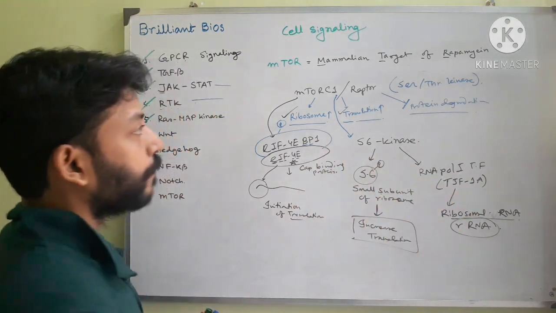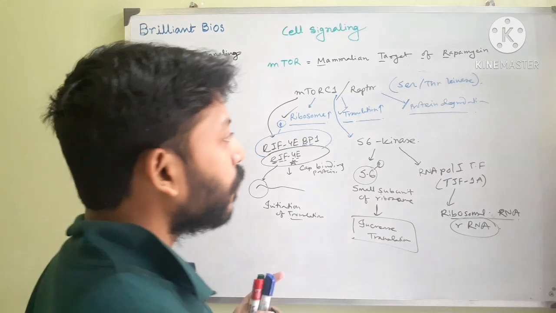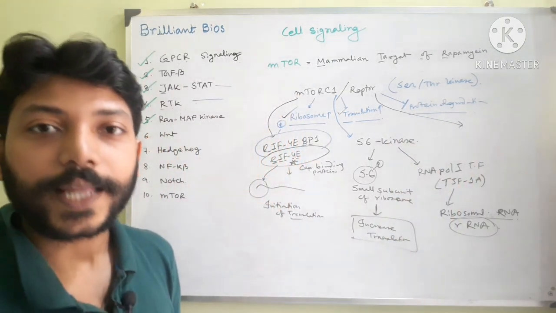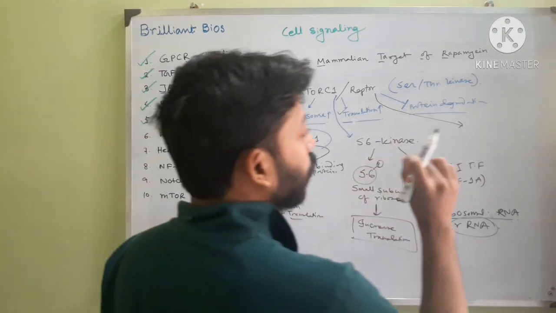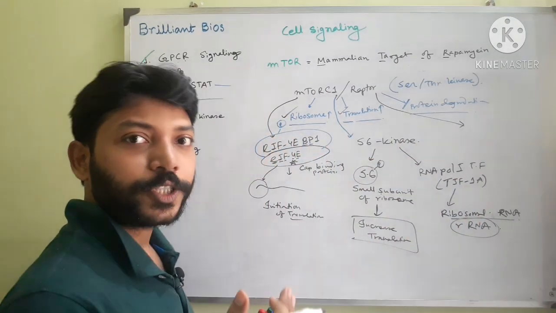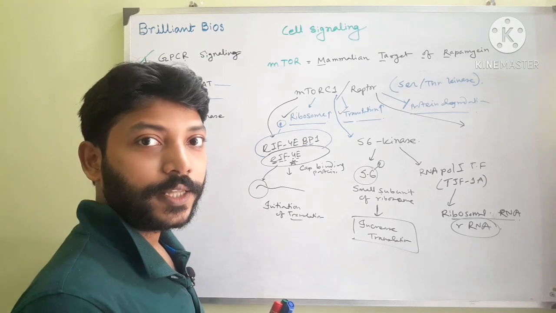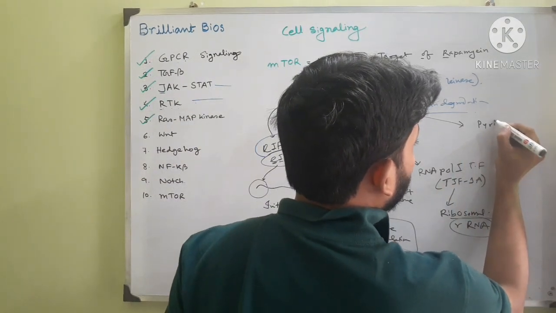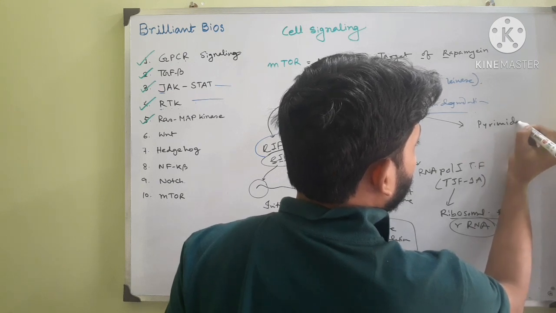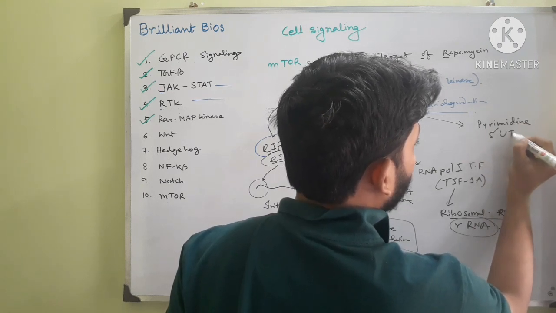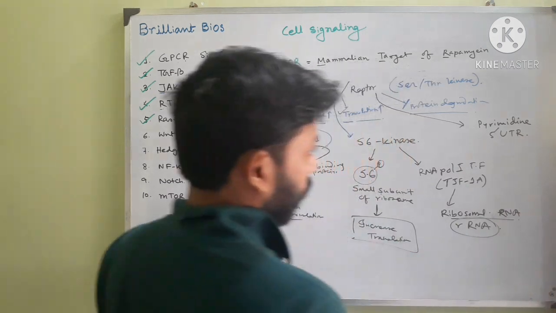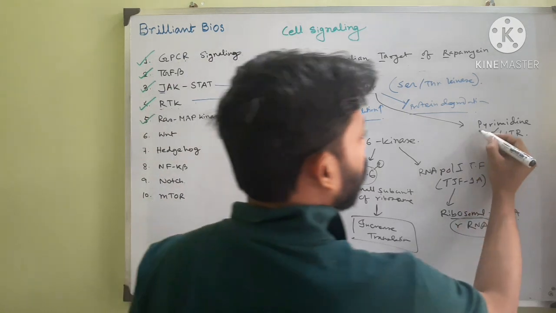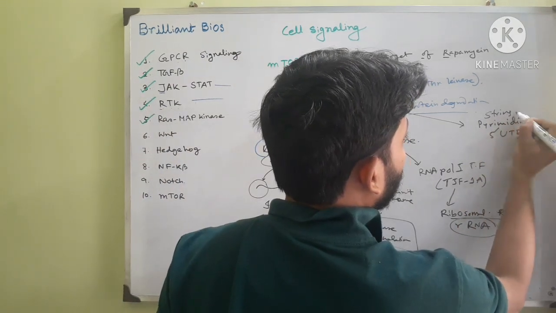Another thing is that the mTOR pathway, or mTOR C1, performs this function: it increases the translation of some genes, or actually mRNAs, that have pyrimidines in the 5' untranslated region. In the 5' UTR, some RNAs have a string of pyrimidines.